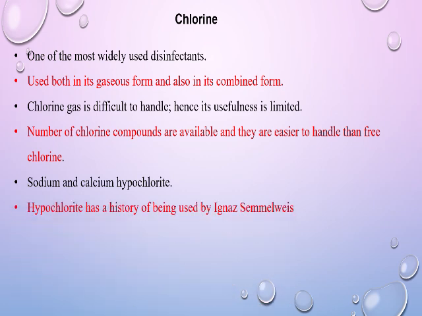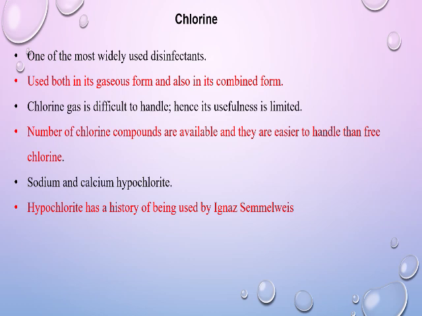Hypochlorite has a history of being used by Sir Ignaz Semmelweis in 1846 to reduce the incidence of childbed fever. The practice was to wash hands and soak them in hypochlorite solution before examining patients. This practice had reduced the infections to 1/3.